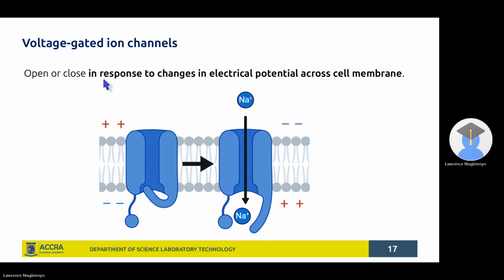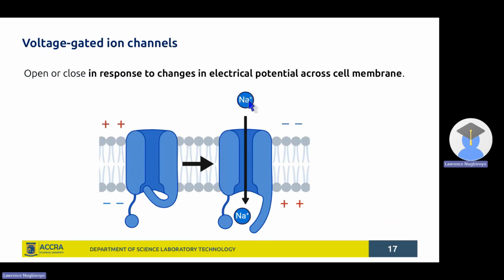And in response to, say, the movement of sodium ions across. So this time around, ions, when they move across the membrane through these channels, result in a difference in charges across the membrane, like what we saw with the electrogenic channels.